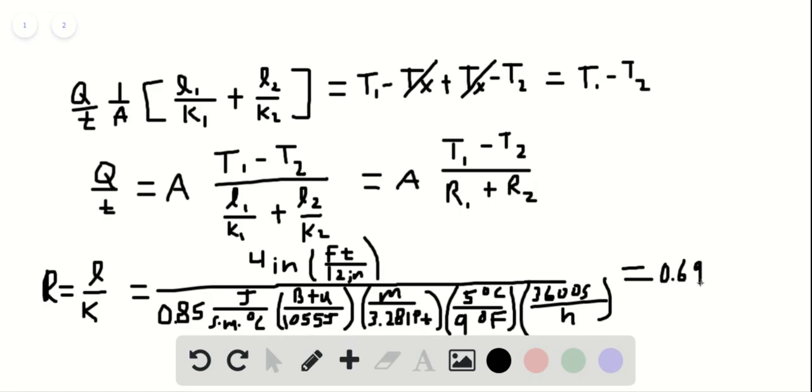And the units here are feet squared times hours times degrees Fahrenheit divided by BTU. Okay, so now that we know that, we can go ahead and finish this.